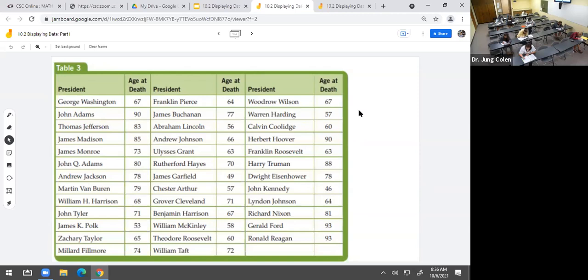Remember, the stem is right in the middle, and the leaves are on both sides. The first group of presidents on the left, and the latter group of presidents on the right.